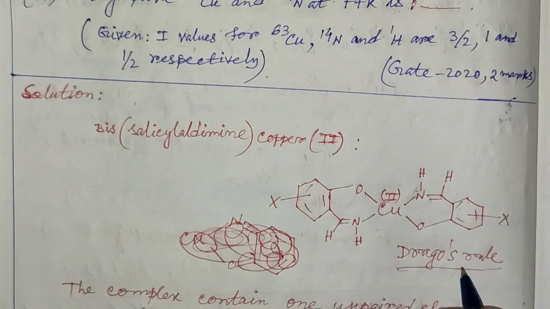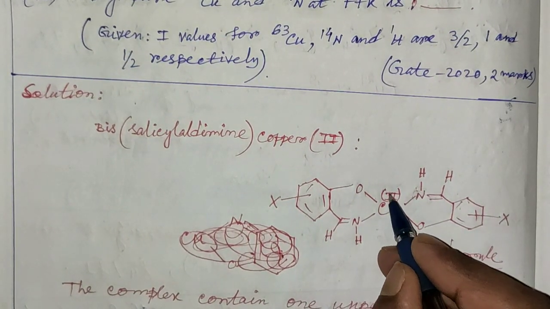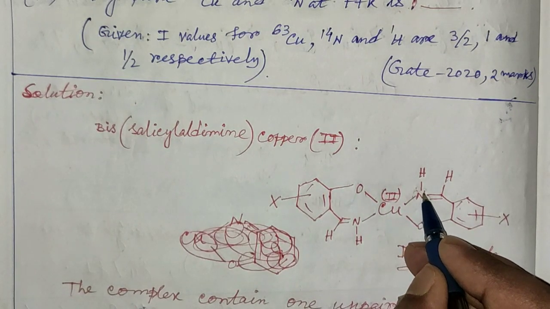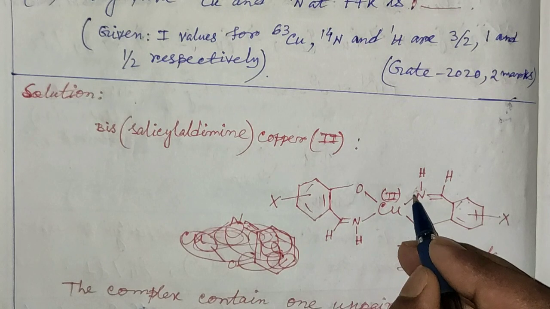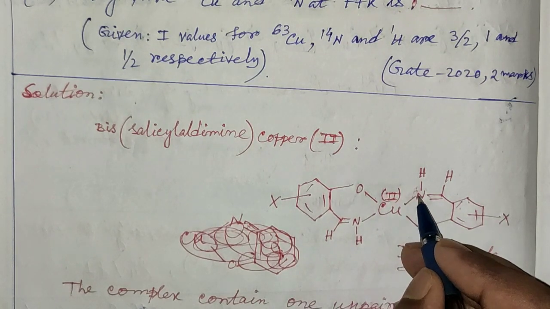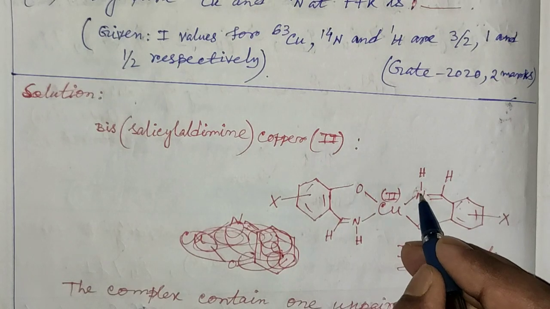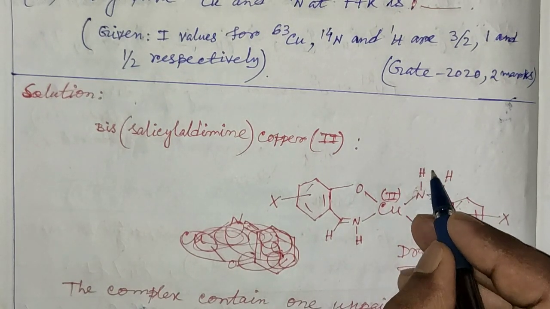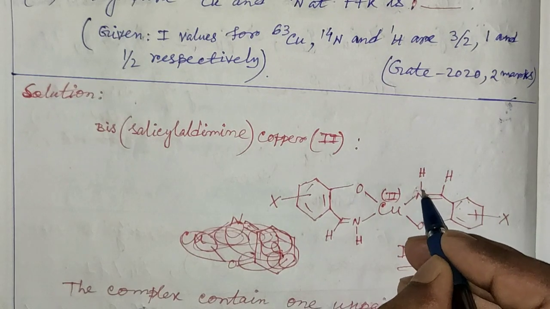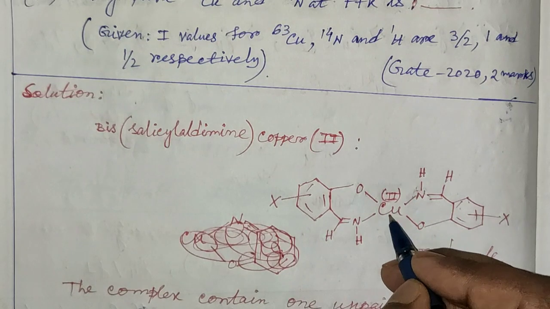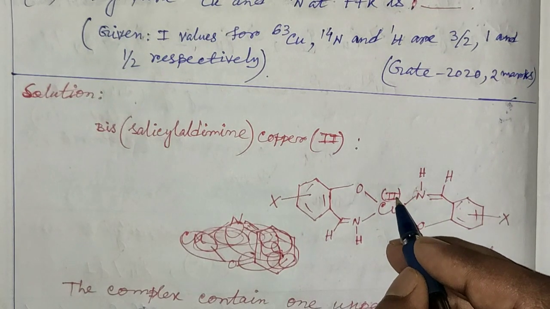In Drago's rule, it is told that if a magnetically active nucleus is attached to the central metal, then the lines that arise for this metal ion are split by this magnetically active nucleus. But if another magnetically active nucleus is attached to this center, then this magnetically active nucleus cannot split the lines that arise for the central metal ion.